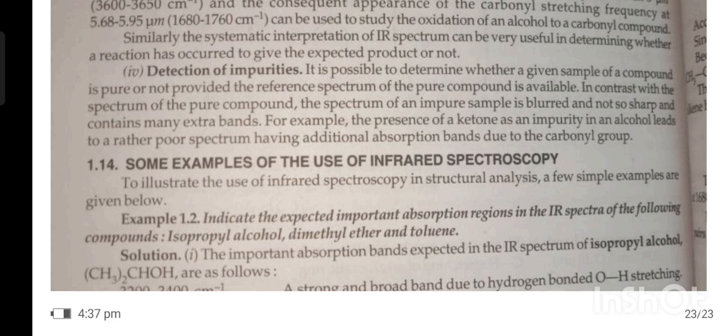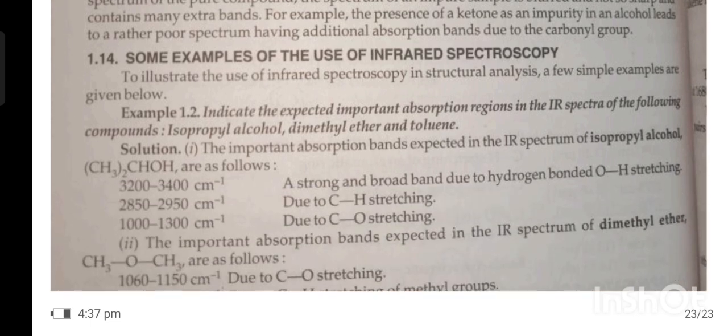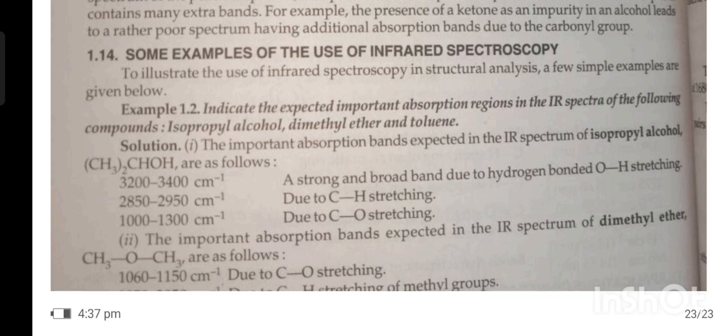Some examples of use of infrared spectroscopy. To illustrate the use of infrared spectroscopy in structural analysis, a few simple examples are given below. Example 1: indicate the expected important absorption regions in the IR spectra of the following compounds: isopropyl alcohol, dimethyl ether, and toluene.